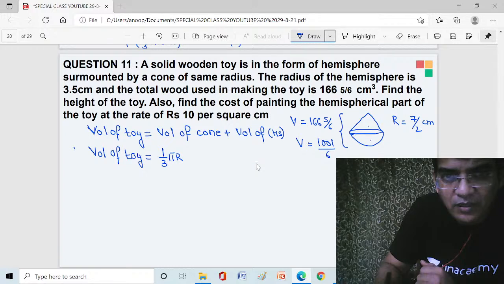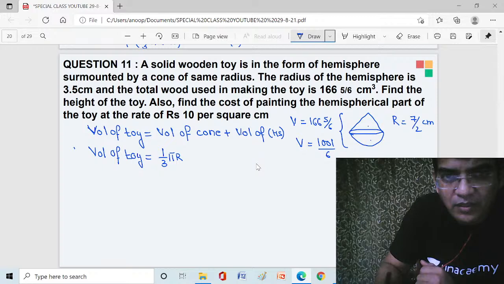Right? So now volume of toy is already known to us, 1001 upon 6. Now on the right side, I told you that before substituting the values, if you can get something common, try to get it common here. So here you can see you can get common pi upon 3.